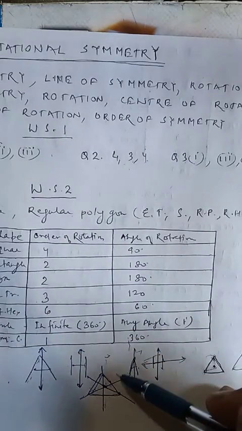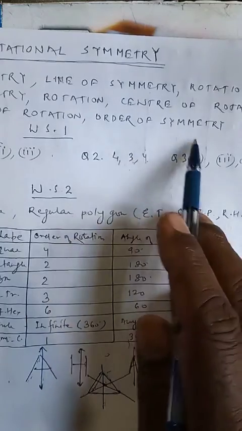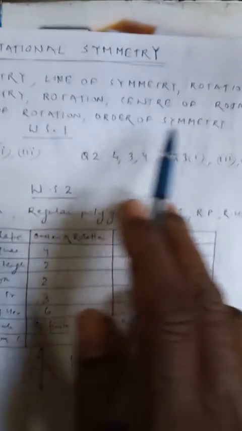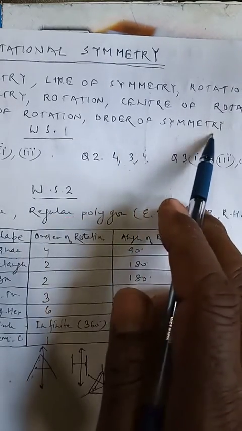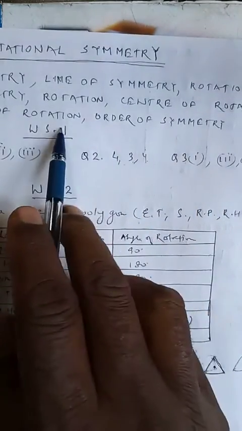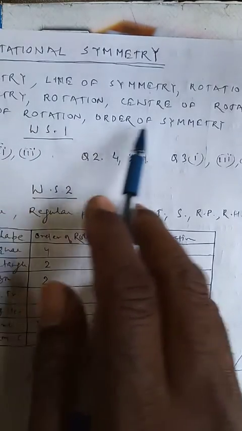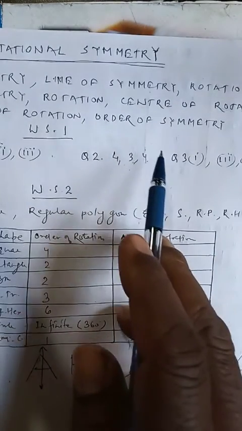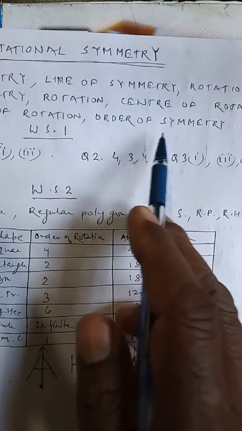In the case of an equilateral triangle, the order of symmetry is 3, because if we divide 360 degrees by 120 degrees, we get 3, since the angle of rotation for an equilateral triangle is 120 degrees. So to find the order of symmetry, we divide 360 by 120.